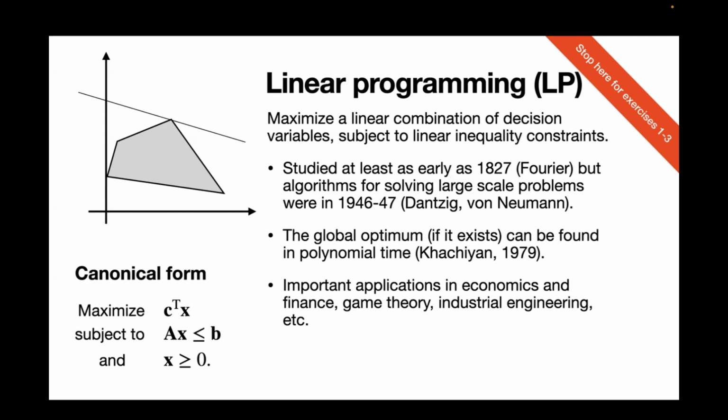And the breakthroughs that occurred in the 40s and 50s were the invention of dynamic programming, which is a general approach to constructing algorithms where you decompose the solution into partial solutions, and you keep track of those partial solutions and you reuse them as you go. And so there is a dynamic programming algorithm to traverse the edges of this polytope that encloses the feasible region in the quickest possible manner.